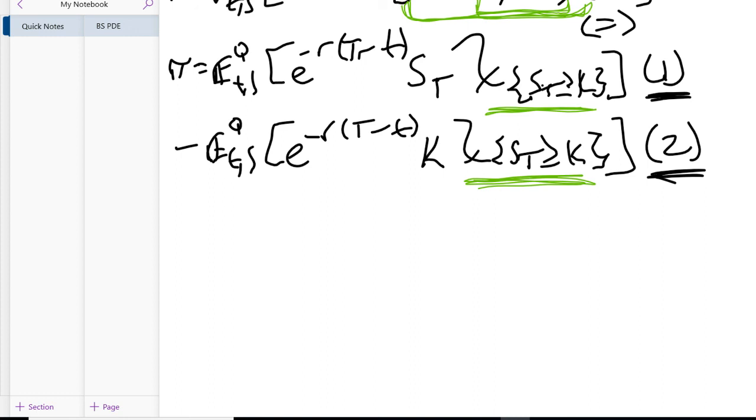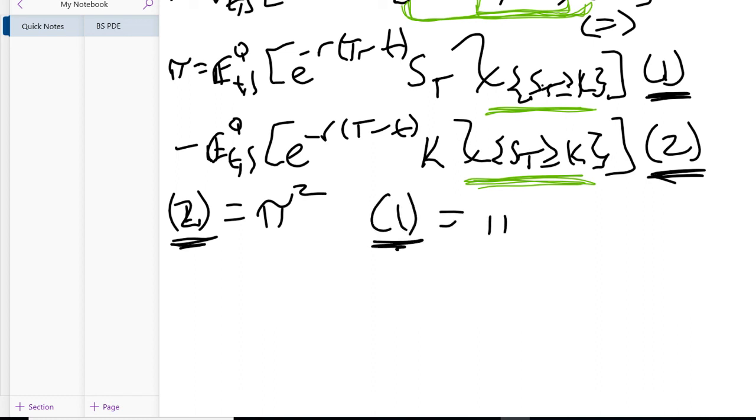Now 2 is easier to solve than 1, so I'm actually going to start with that one, and I'll call it pi 2, and then likewise we'll do 1, and I'll write it as pi 1, and then so in the end, pi is just going to equal pi 1 plus pi 2.